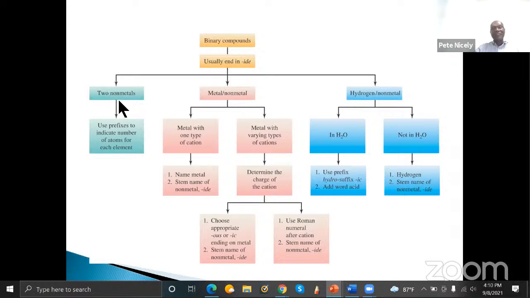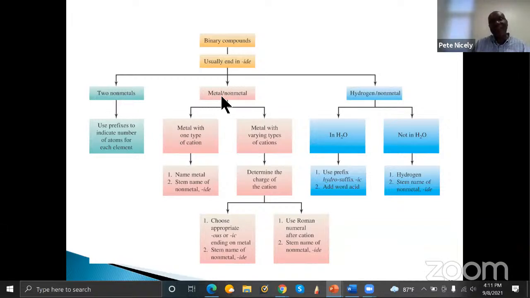So if you have two nonmetals, when you're naming it, you have to indicate the number of atoms per molecule using prefixes, with certain exceptions, of course. If you recall, we said that if the first element has only one atom, then no prefixes are used. So that's as far as binary molecular compounds are concerned.